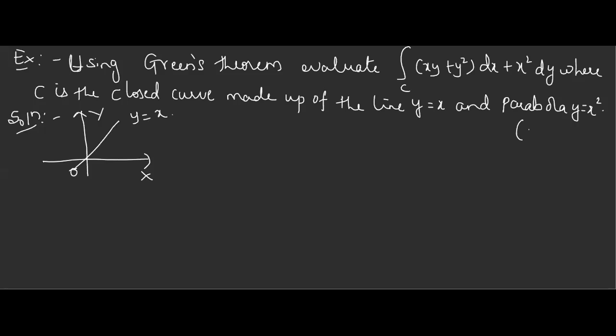So you are comparing this with which standard form? X square is equal to 4ay. Don't say it is in the form y square equal to 4x. It is x square equal to 4ay format, which opens above. This is the parabola we have, x square equal to y.